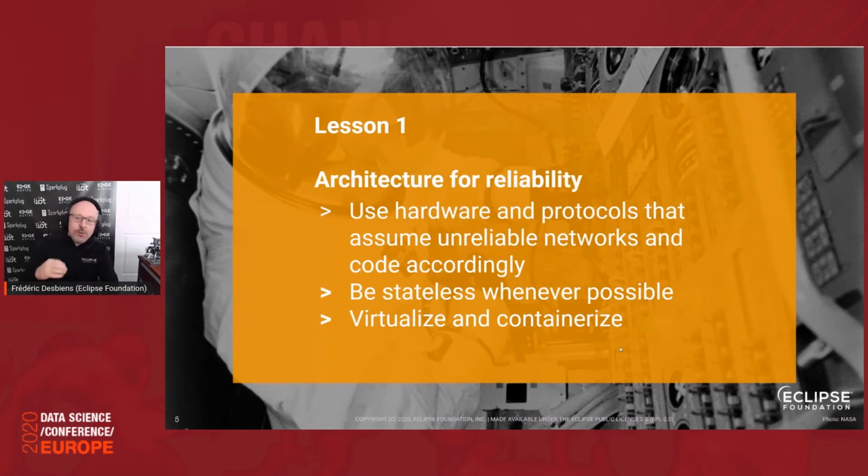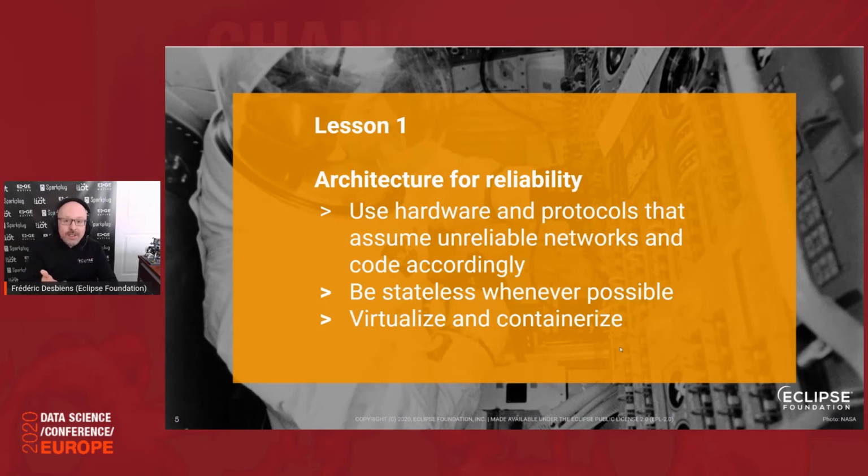Then, second lesson is to be stateless whenever possible. The Apollo guidance computer, yes, it stored values in memory, but the code was stateless, and this meant when the computer rebooted and all of the programs restarted, and there were 5, 6, 7, 10 of those programs running at the same time in a specific order of priority, then obviously the fact that they could be restarted at the very same line that they were at the moment of the restart, and the fact that they could read from this shared memory space the current values for the various variables they had, this meant the code was stateless, and this literally saved the life of astronauts.